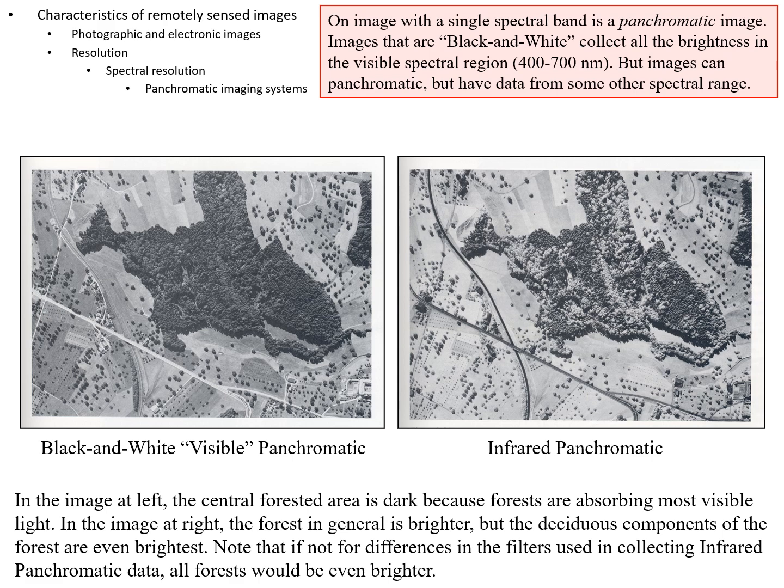And in the center of the image, you're looking at 2 areas that are forested. On the left, you've just got a sort of uniformly dark area because forests absorb most visible light. But at the image at right, the forest is not only generally brighter, but there's a deciduous component that is even brighter than the overall forest.